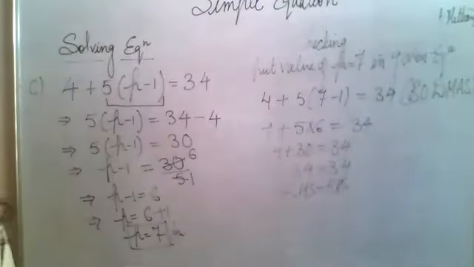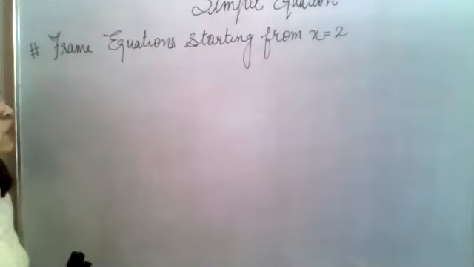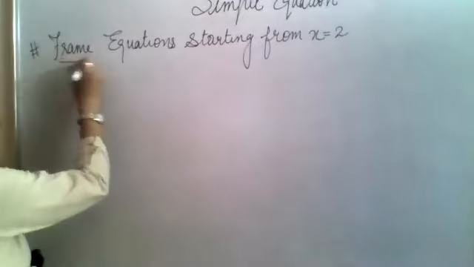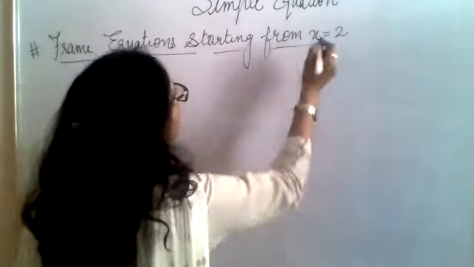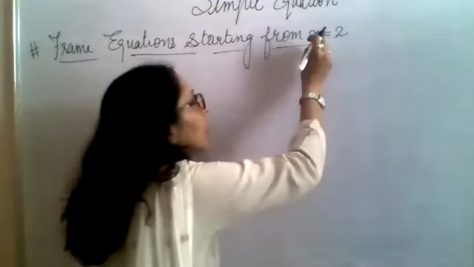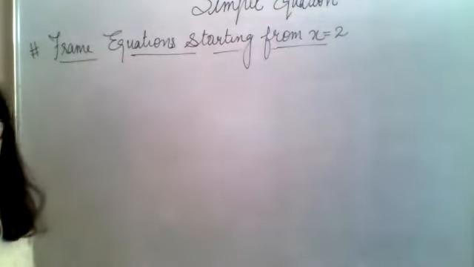Let's do another question. In the next topic, you have to frame equations starting from x equal to 2. What does it mean? It means that the equation can be of any type, but when you solve, your answer should come x equal to 2.